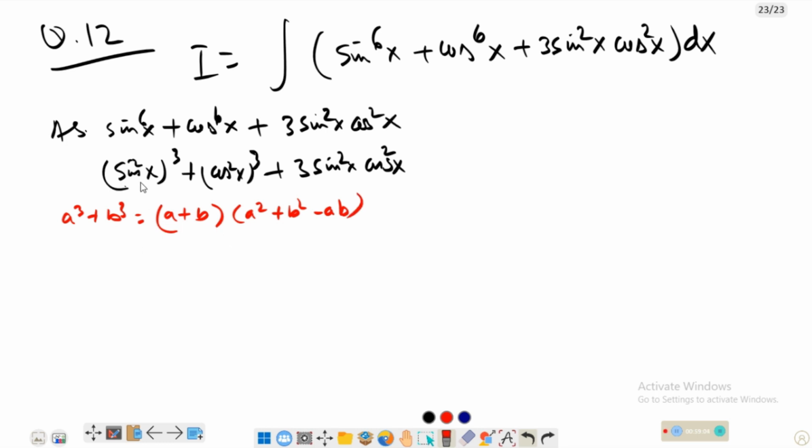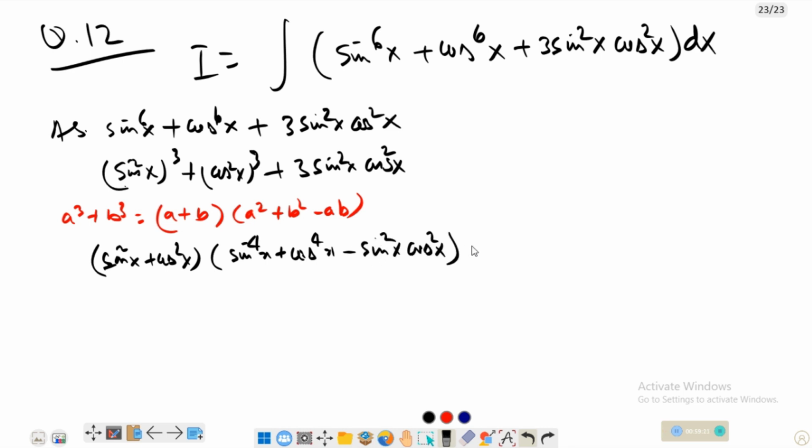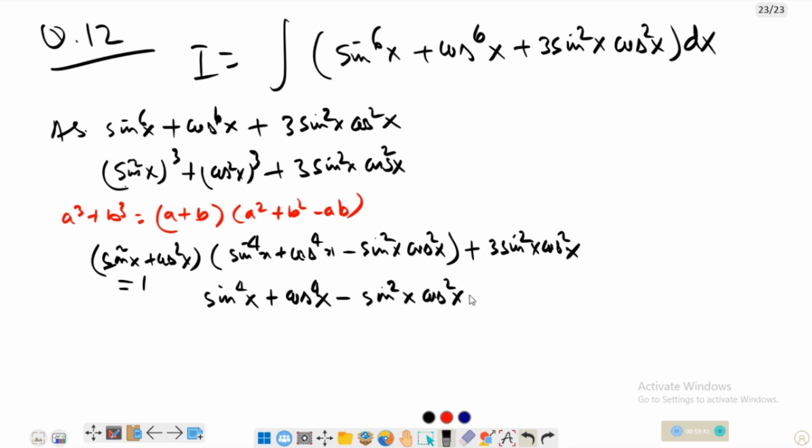So this quantity becomes sin square x plus cos square x into sin to the power 4x plus cos to the power 4x minus sin square x into cos square x, plus 3 sin square x into cos square x. So this first factor is 1. So the remaining part is sin to the power 4x plus cos to the power 4x minus sin square x cos square x plus 3 sin square x cos square x.